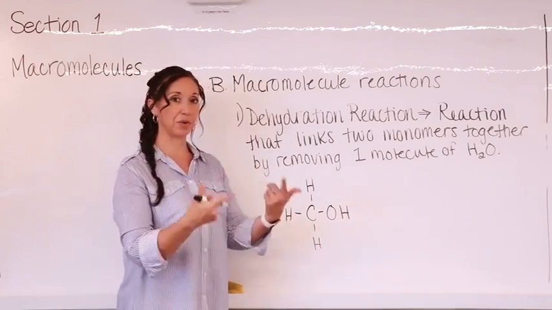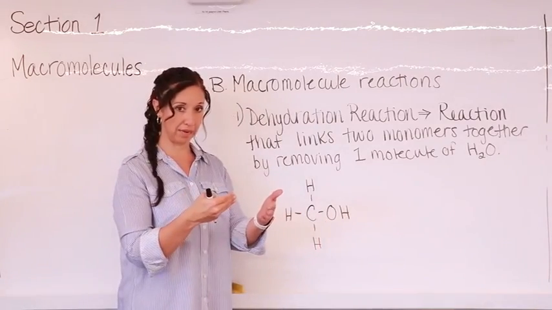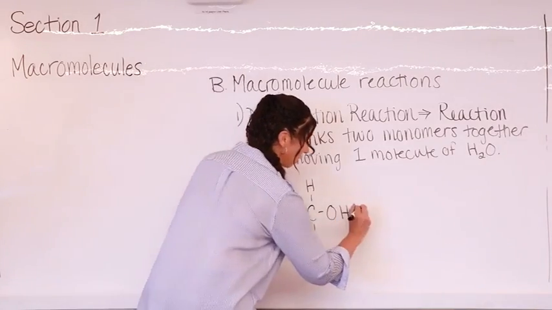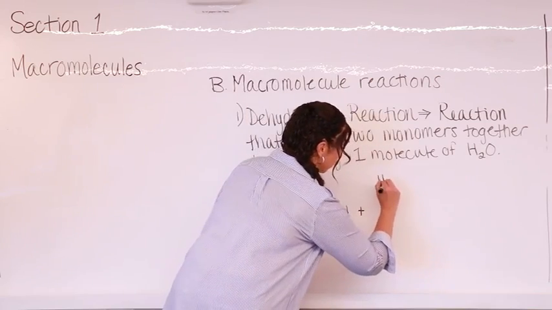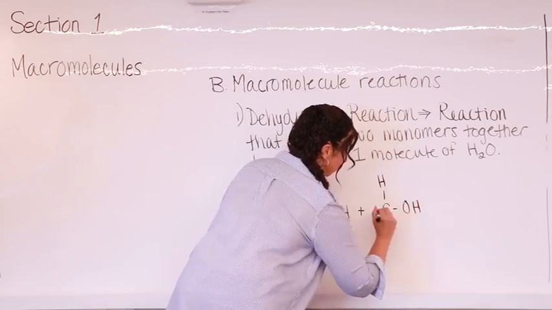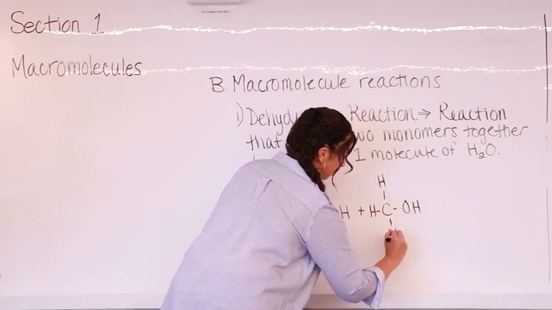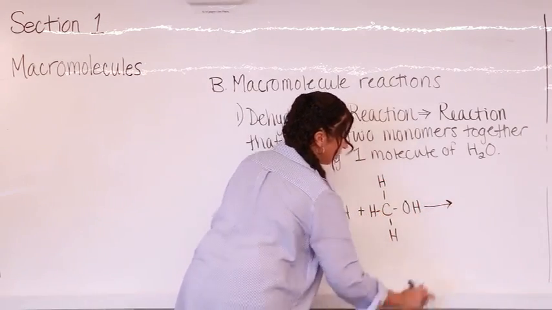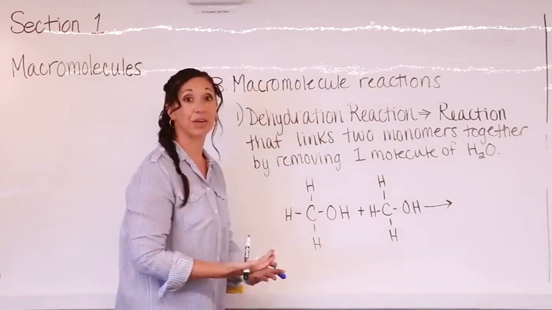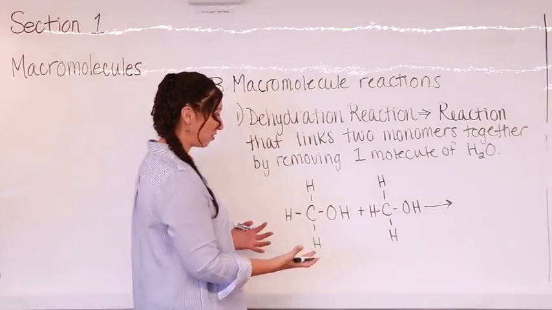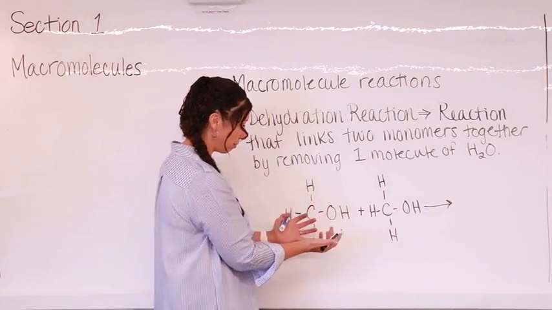I want to add that to another one to create two together. So I'm going to add it to itself. We're basically going to do a chemical reaction. Okay. So in order for me to make this reaction work, I need to put these two monomers together.